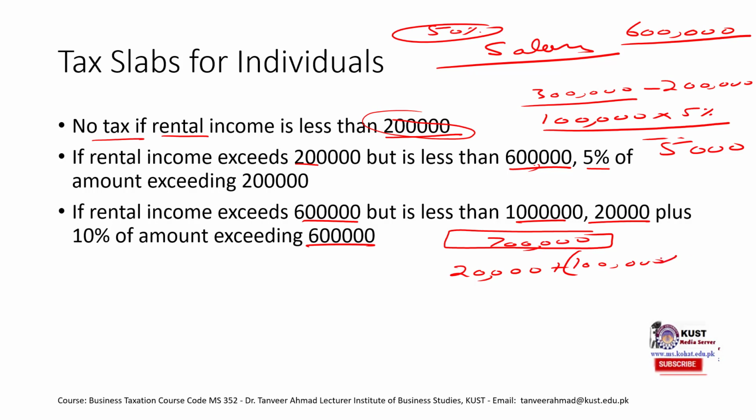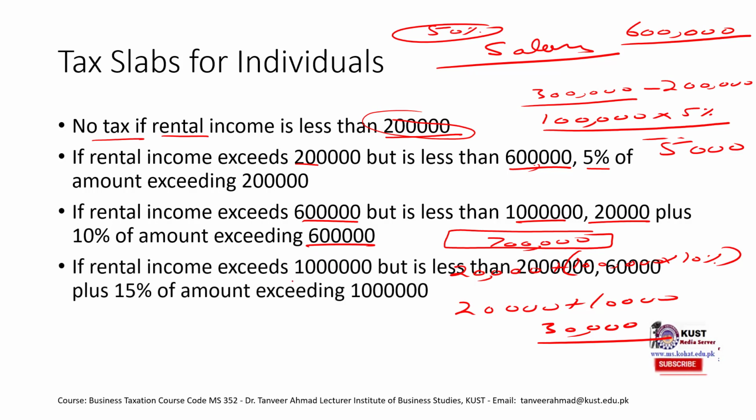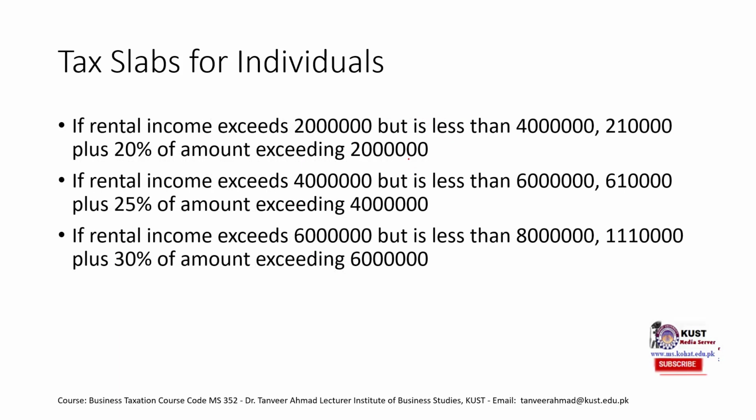So 10% of this 1 lakh, that would be 20,000 plus 10,000. So our yearly tax on property income would be 30,000 in this case. The other tax slabs are also in a similar pattern. So these are the other tax slabs.